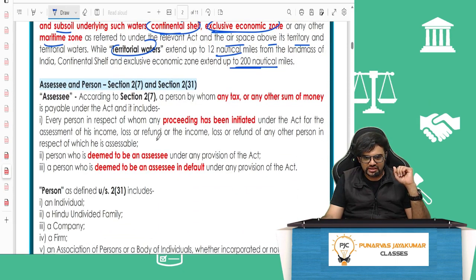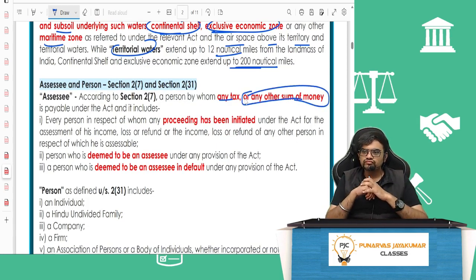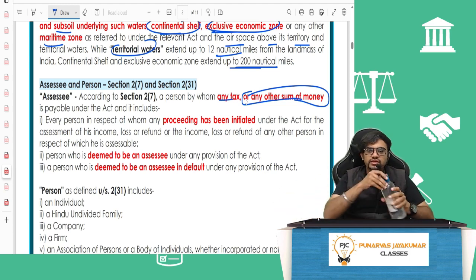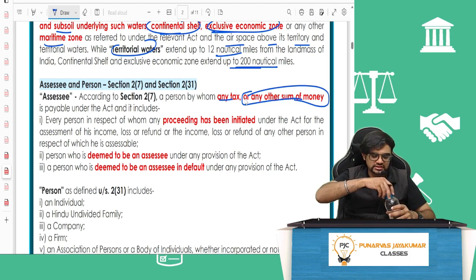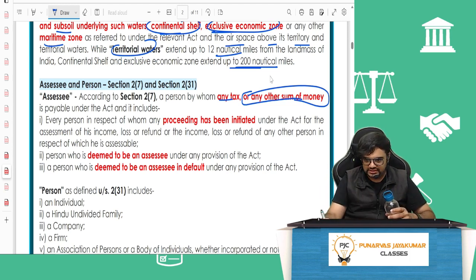SSC and all we have seen, guys. Any person by whom any tax or any other sum of money is payable. What do you mean by any other sum of money? You have your cess, education cess and other things.